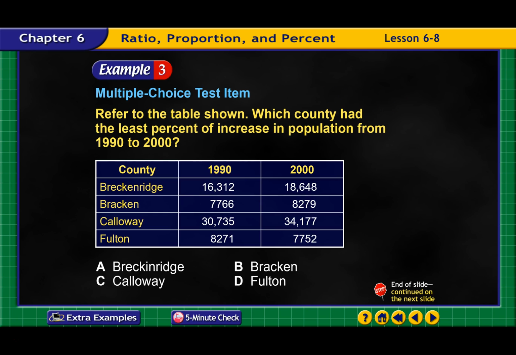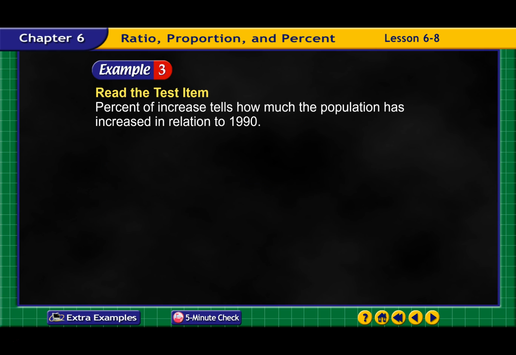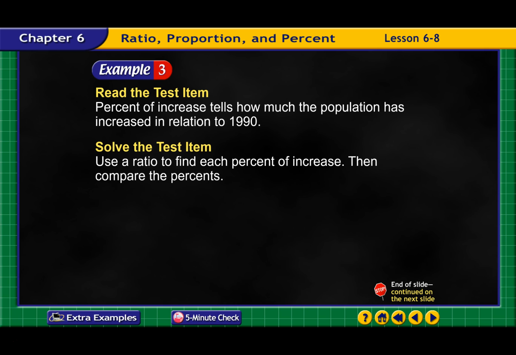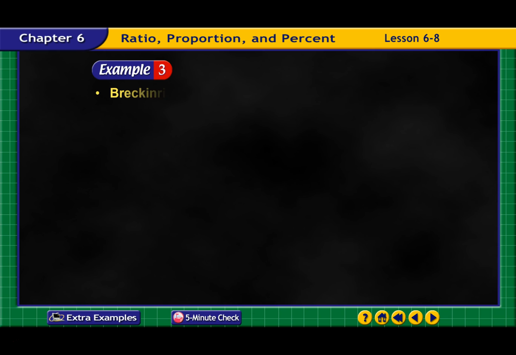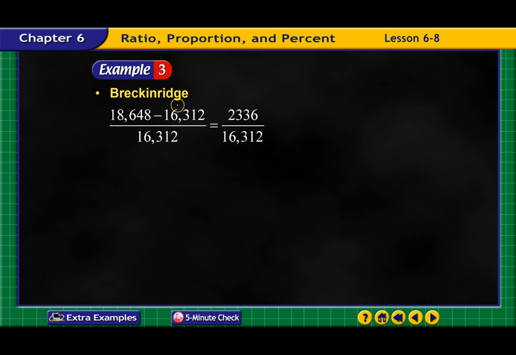All right, refer to this table. Which county had the least percent of increase in population from 1990 to 2000? So we'd actually have to come up with all 4 of them to figure this out. Percent of increase tells us how much the population has grown. So we're going to use a ratio to find the percent of each increase and then compare the percents. So Breckenridge, hey, there's my formula. New minus original over original comes out to 14%.